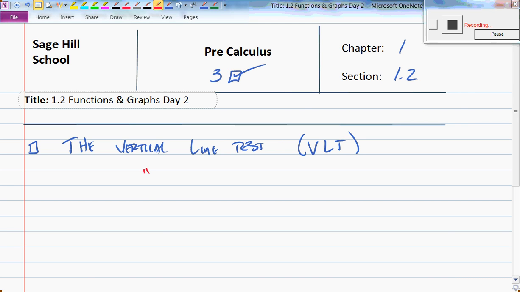So here's our formal definition for ourselves here, right? But I want you to take away today why the vertical line test actually works, okay? So for us, it's going to be this.